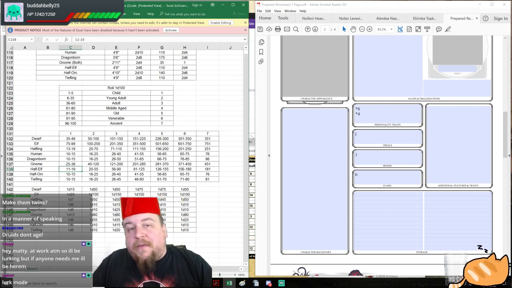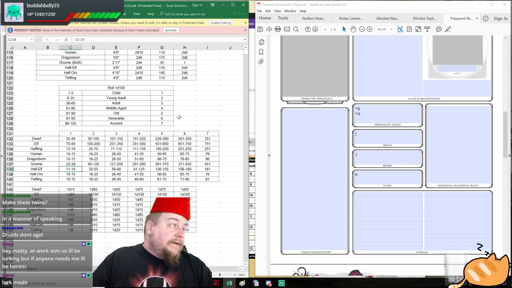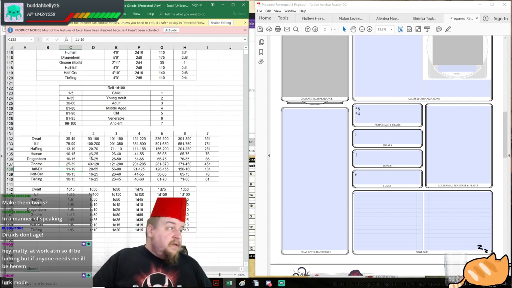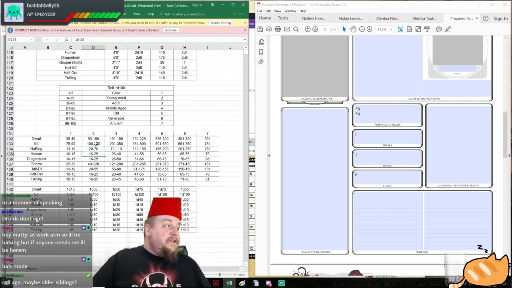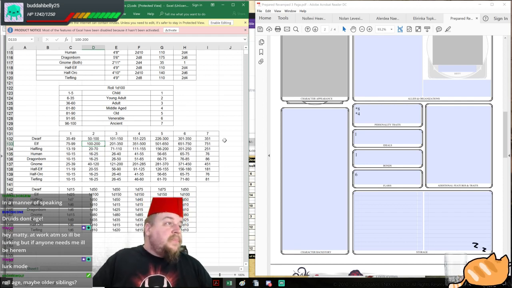Now that'll depend, if she's more elf-focused, you could raise it up more, because elves don't reach a quote-unquote adulthood so much as a human would be an adult at 16 or 18. 16 is kind of what we're using for humans. Elves, you are an adult at 100 years old. Now, obviously, half-elves don't live as long, so that gets pushed back.